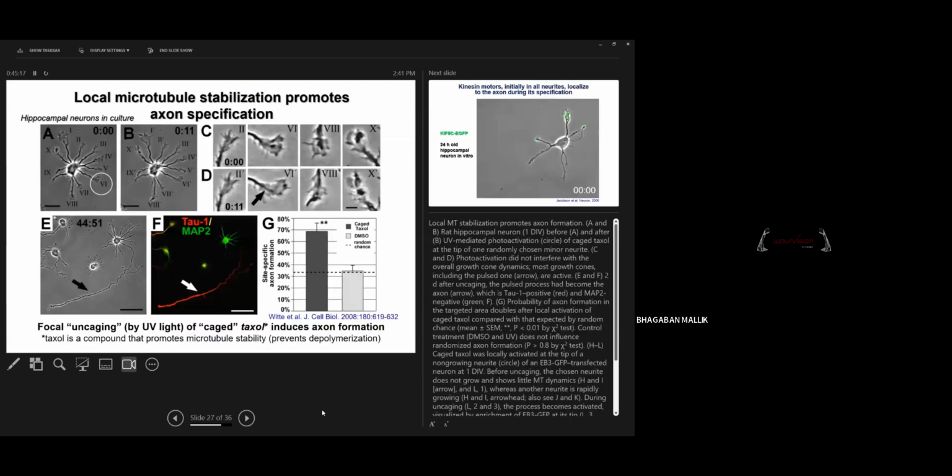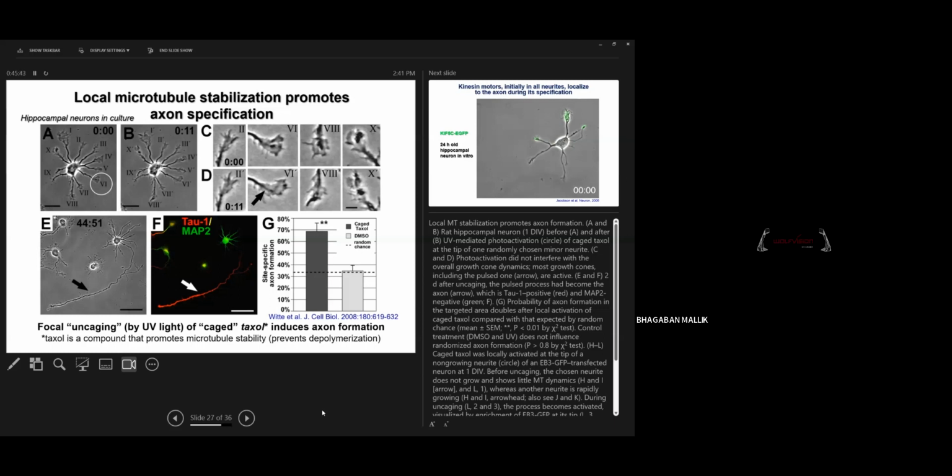Here again, this shows how you can stabilize the microtubules by using a pharmacological agent. This is a culture of hippocampal neurons. You can see the cell body, and various processes arising from the cell body. These are called neurites.